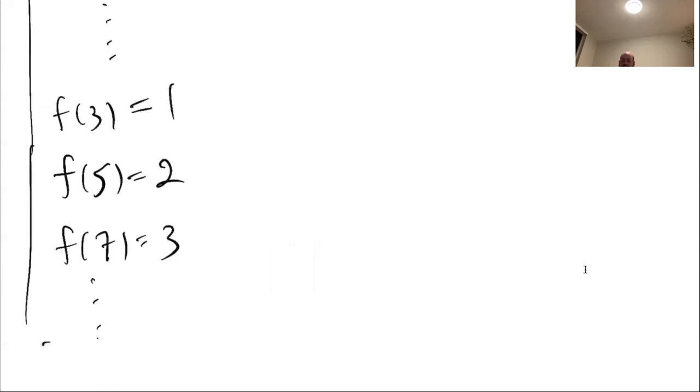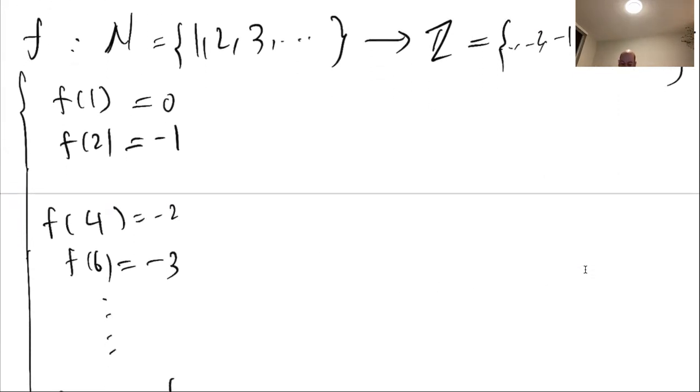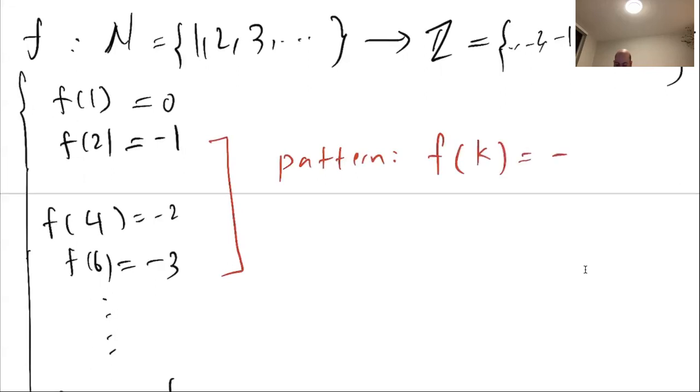So now I just need to come up with a formula for f, and I'm done. For the even integers, it's obvious. What is the pattern, do you think? So the pattern is f of k is minus k over 2 if k is even.